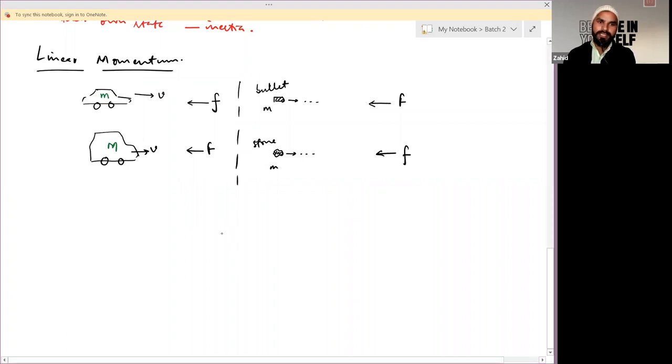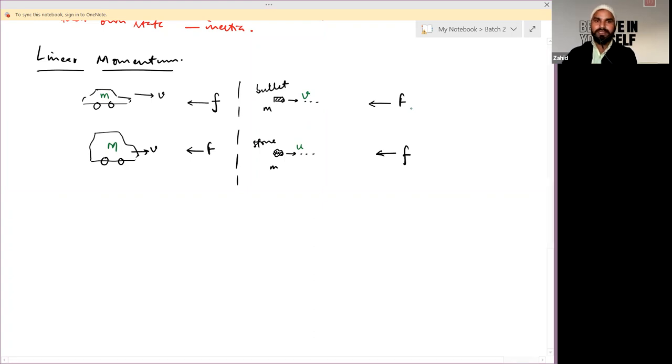That's why it will require larger force to get completely stopped. Similarly, in the second part, both objects have same mass, but the bullet would have much larger velocity. Stone will have smaller as compared to that. So bullet having very large velocity would have very large quantity of motion contained with it. That's why it will require larger force to get completely stopped.